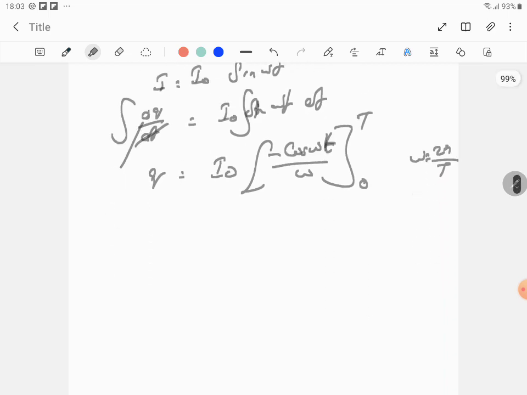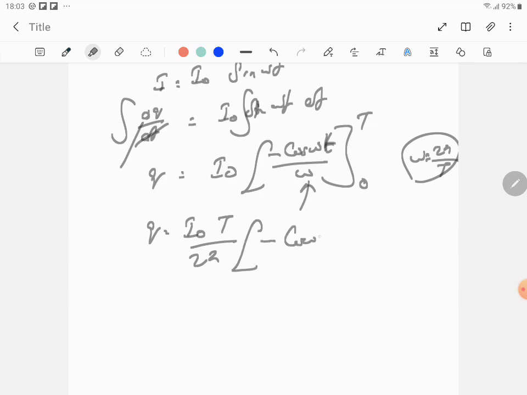Okay, so let's continue to do that. So you get q is equal to, omega itself is 2 pi by capital T. Substituting that, you get I naught into T by 2 pi, omega is 2 pi by capital T, reciprocal here. And so then you have a minus cos omega t.